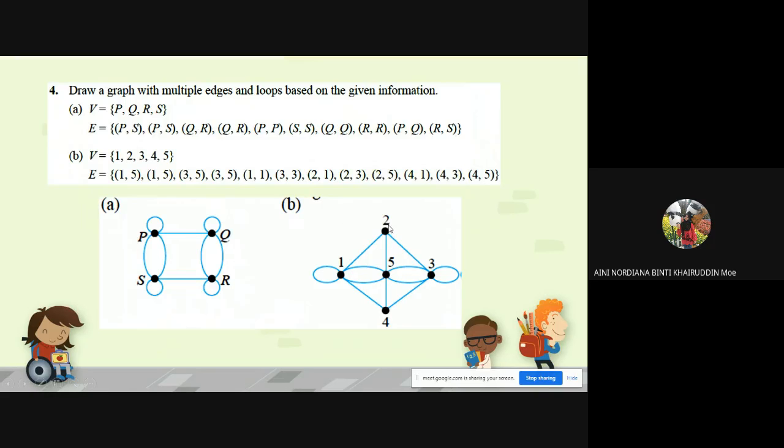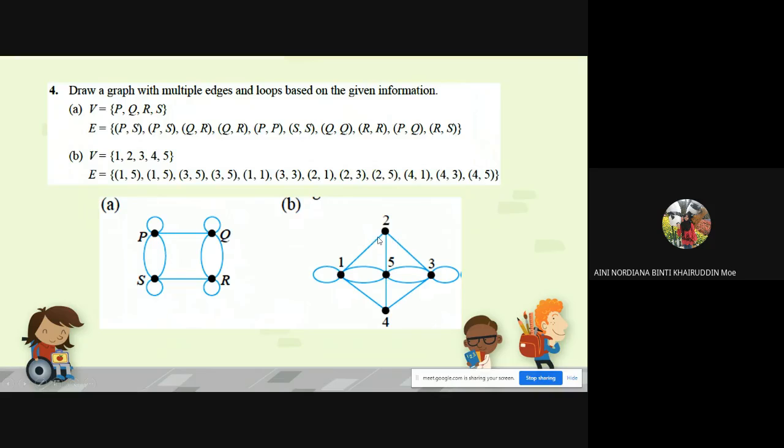V is 1, 2, 3, 4, 5. Then look at E here. 1 5, 1 5 means vertex 1 and vertex 5 have two multiple edges. 3 and 5 also have two multiple edges. 1 1 means one loop at vertex 1. 3 3, one loop at vertex 3.